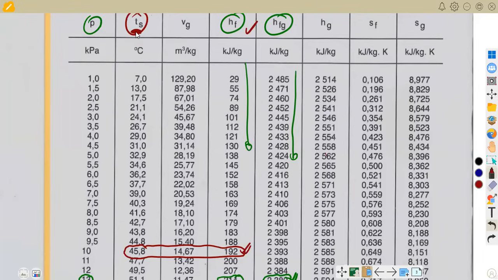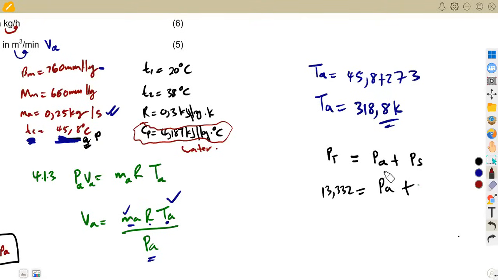We need the pressure at 45.8, we talked about this before. 45.8 is here. The corresponding pressure there is 10 kilopascal. Remember, our pressure is measured in kilopascal. So that's we're going to have our pressure there as 10 kilopascal. So that's the pressure at the suction point.